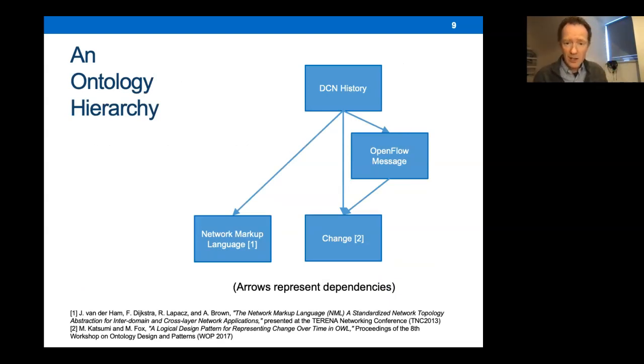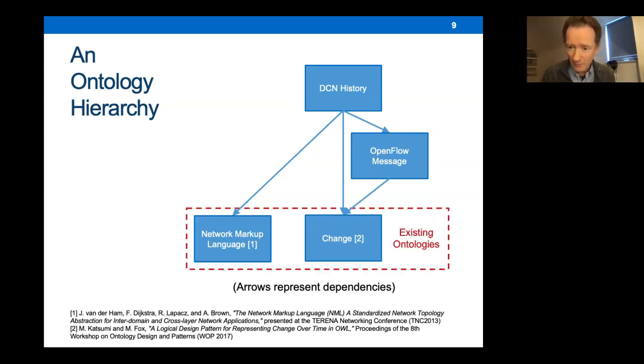Now we built a hierarchy of ontologies, starting with existing ontologies whose authors kindly made them public. One is the network markup language ontology, which describes basic components of a network. An interesting one is the change ontology that describes temporal concepts, not specifically for networks, but for general use.